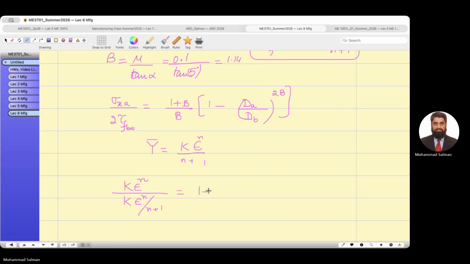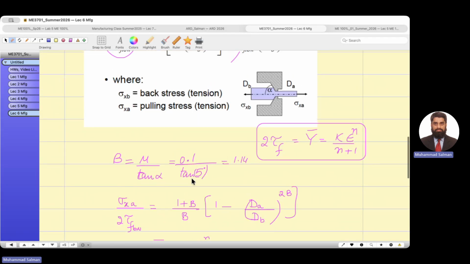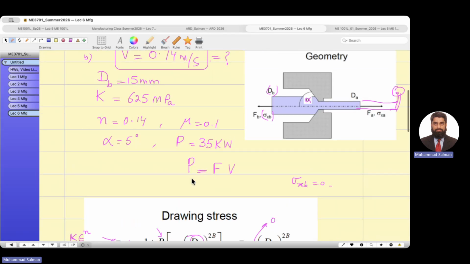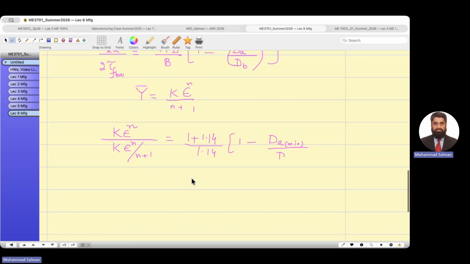Agreed? 1 plus B is 1.14. We already calculated that. 1 minus dA. I will say minimum: below this value, you cannot achieve the diameter with this die angle. That's why we call it the minimum. The initial diameter, which is dB at the back side, is 15 millimeters.